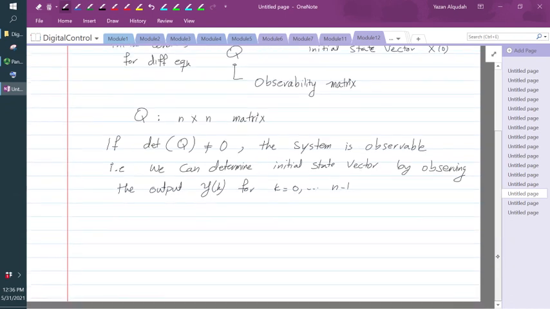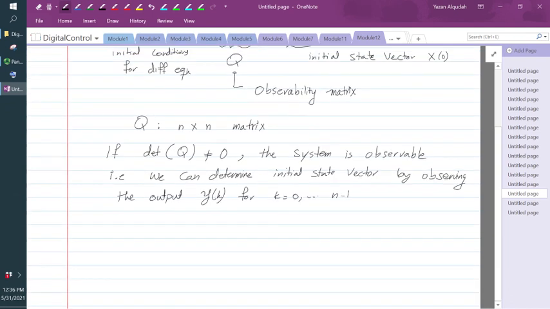In this case, we can take the inverse of Q since it has an inverse, and the initial state vector x of 0 is equal to Q inverse multiplied by y of 0, y of 1, all the way to y of n minus 1. Therefore, we are able to reconstruct the initial state vector based on observing the output of the system.